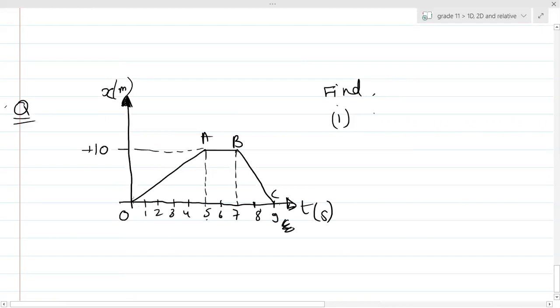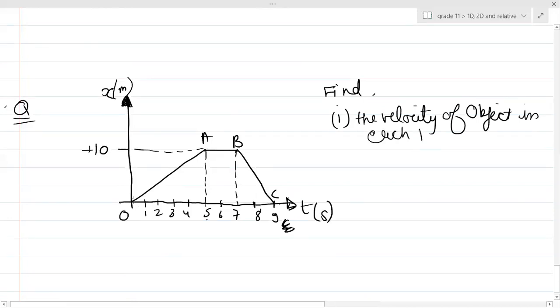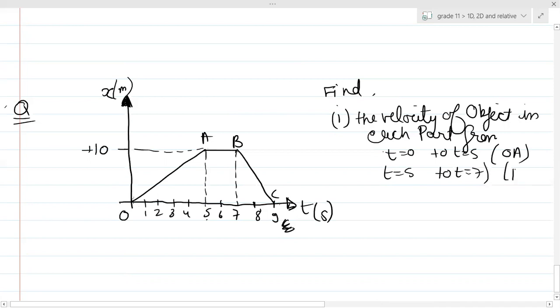Now the question is, guys, find the velocity of the object in each part: from t equals 0 to t equals 5, OA; from t equals 5 to t equals 7, AB; and from t equals 7 to t equals 9 seconds, BC.